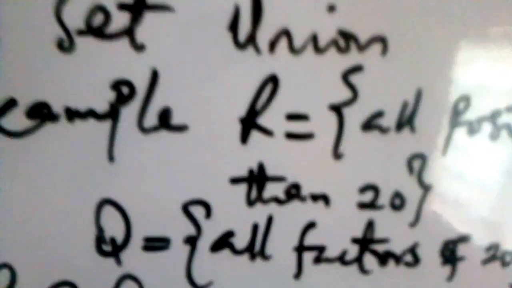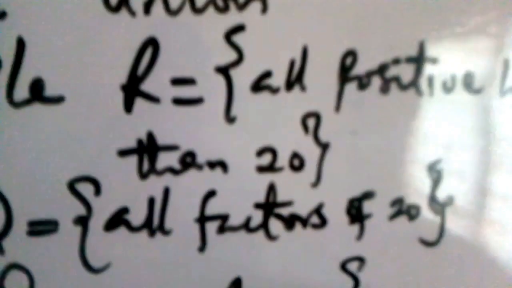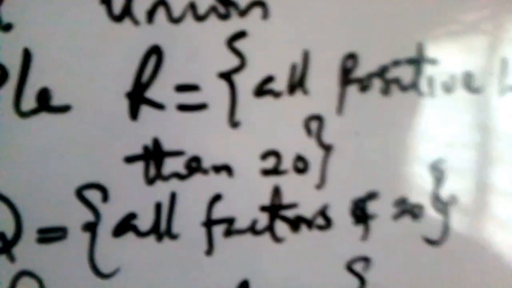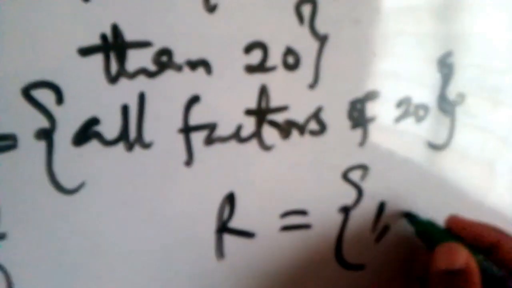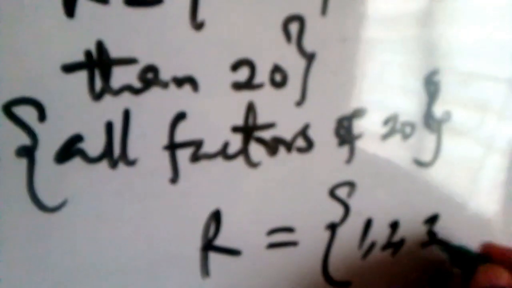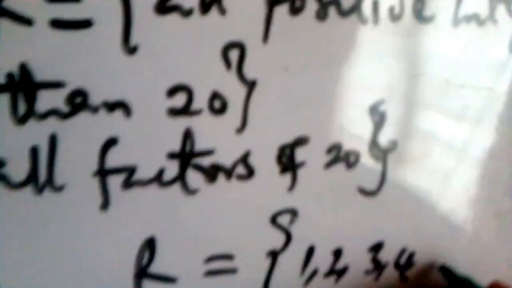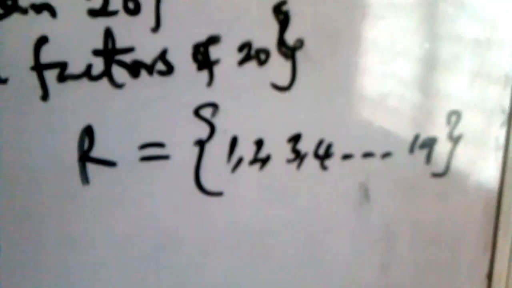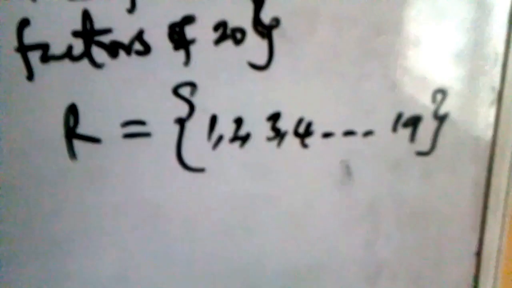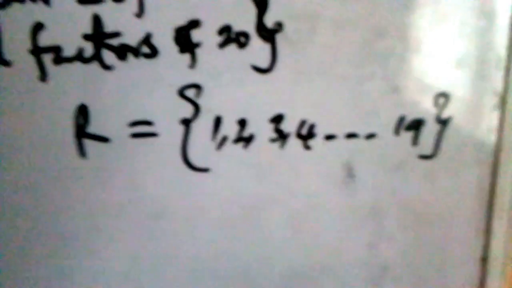So you know that the elements of the set R, since it is all positive integers less than 20, are 1, 2, 3, 4 to 19. Positive integers that are less than 20: 1, 2, 3, 4 down to 19.